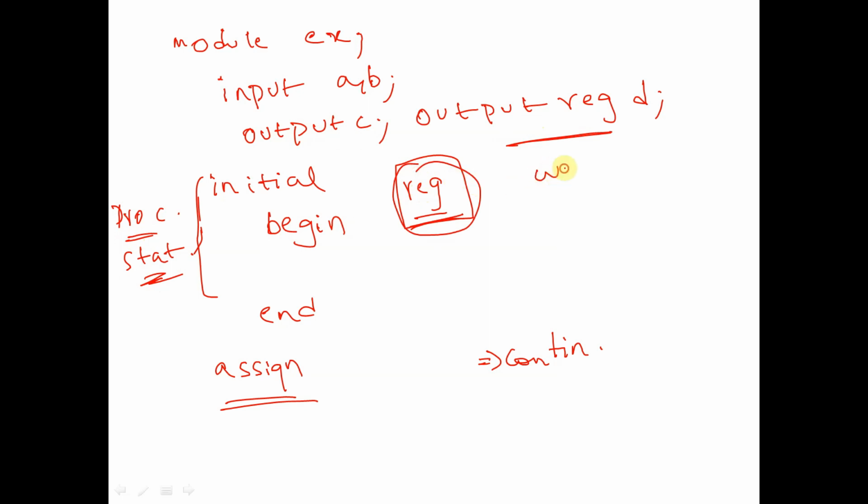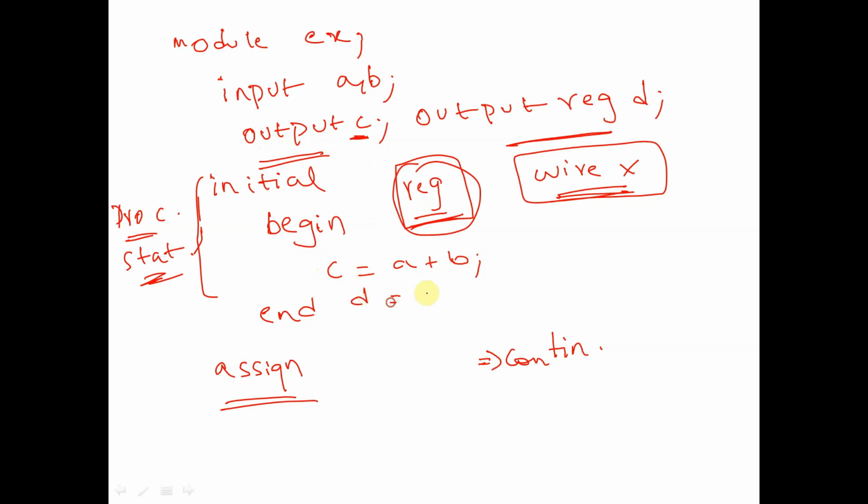We cannot use wire type, and we will get an error if we do. For suppose I cannot write C is equal to A plus B in the initial begin block, it will throw an error because by default output is a wire. But I can use D is equal to A plus B since I am declaring D as a reg type.